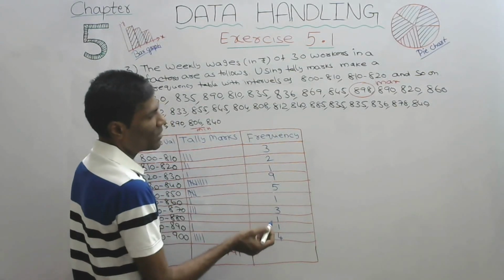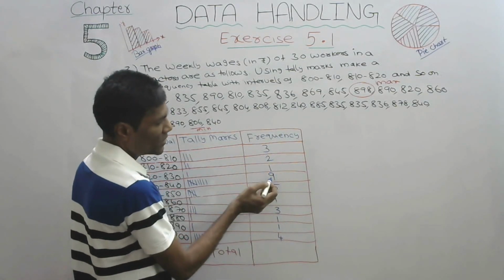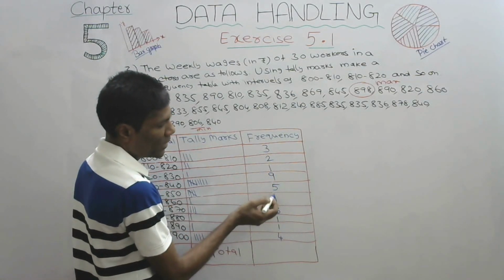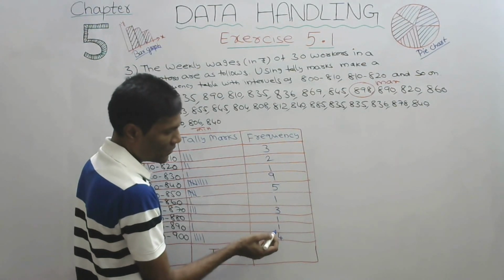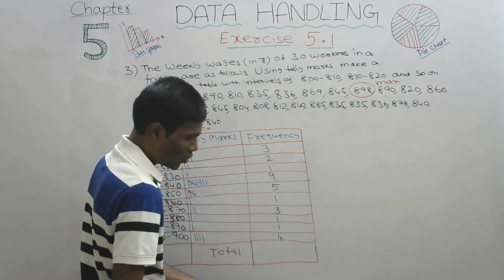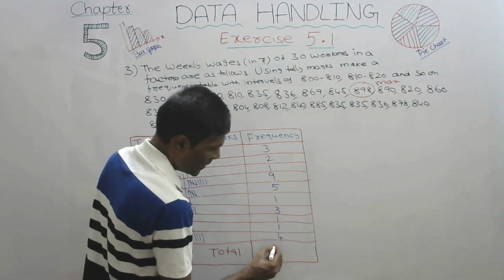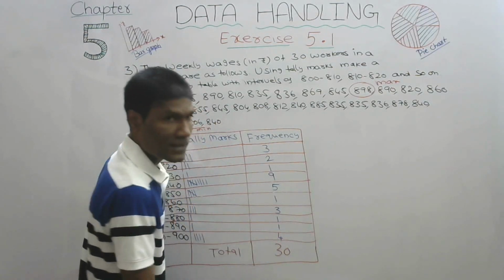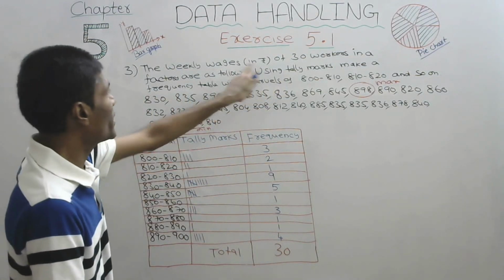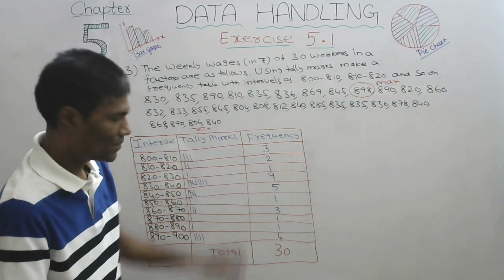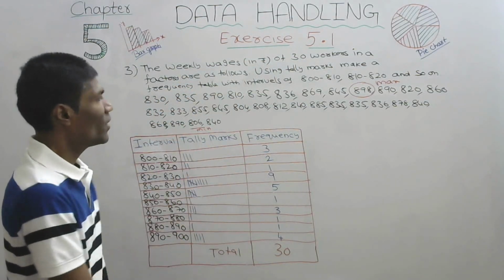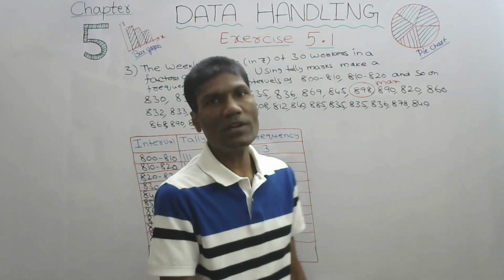Now let us sum it up. 3 plus 2, 5, 6, 15, 20, 21, 24, 25, 26, 30. So total is 30. Totally there are 30 workers. So this is the frequency distribution table.